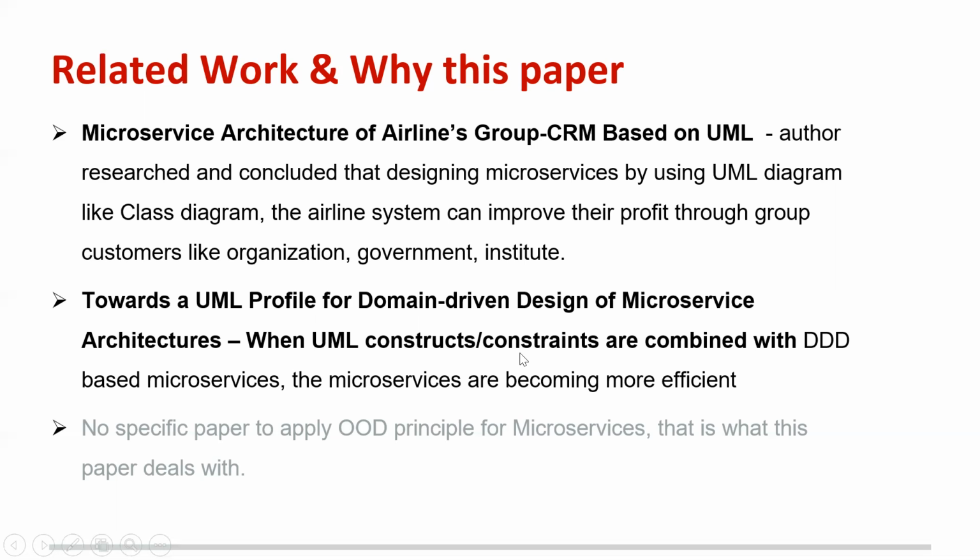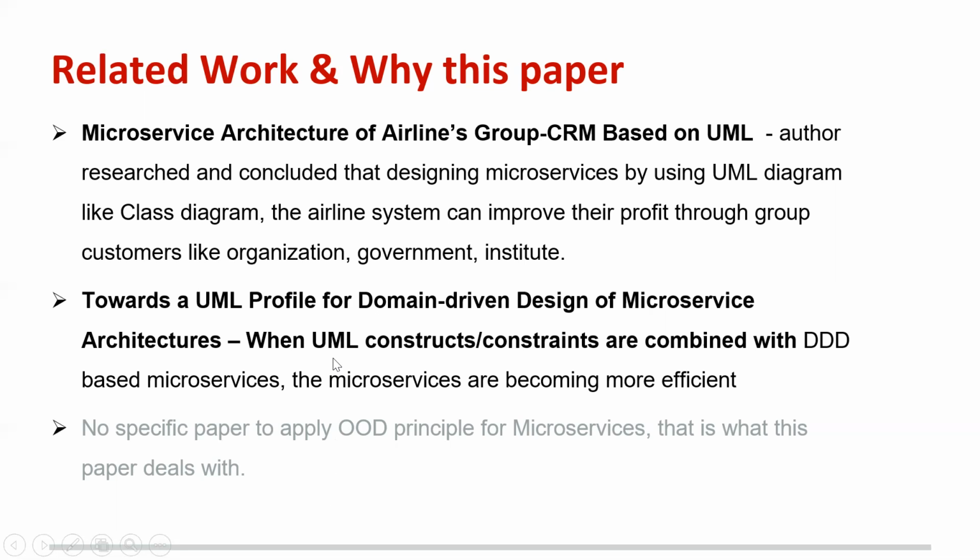This paper says that when the microservice is designed based on the domain of the application, we can use the UML diagram, its elements and the constraints to design the microservice architecture. Hence, the architecture becomes more efficient.